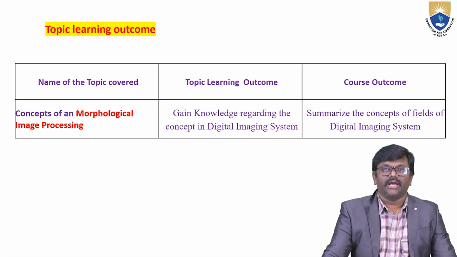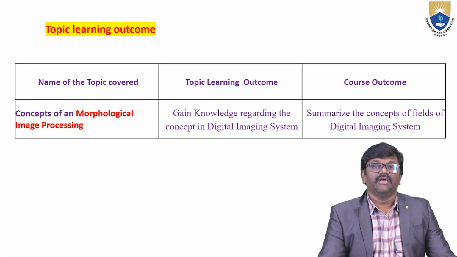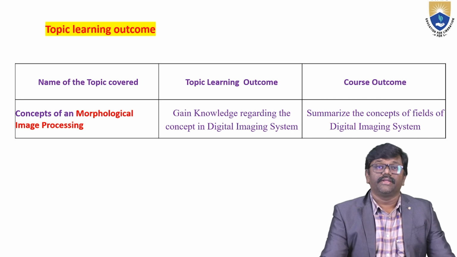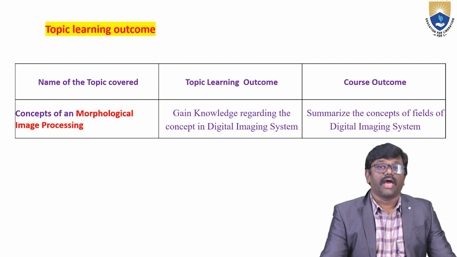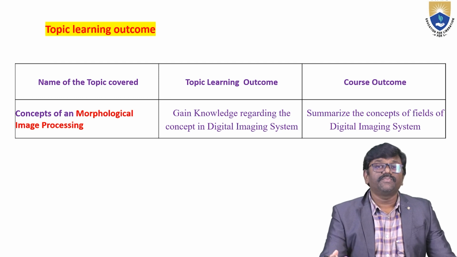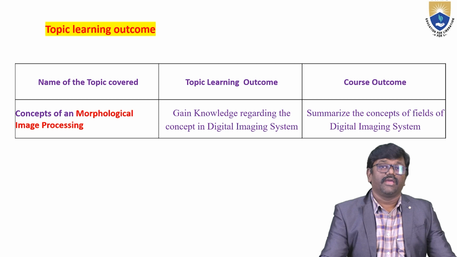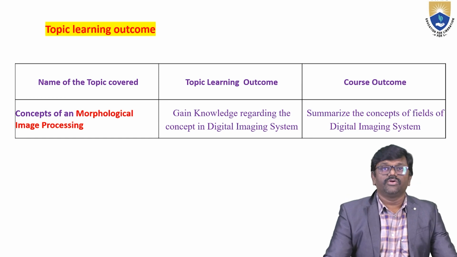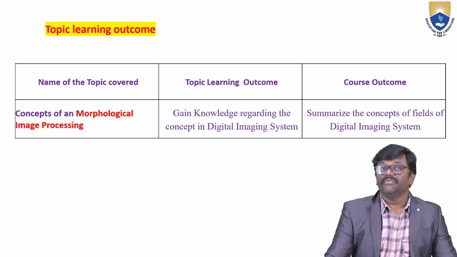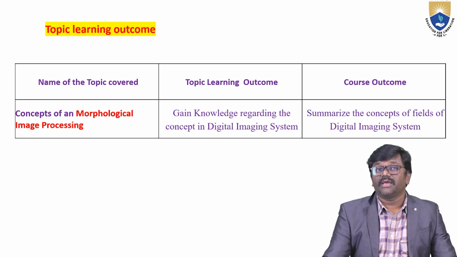Coming to such a definition, if we implement and understand it as a concept of image processing, how can we improve the topic in terms of gaining knowledge of the concept in a digital imaging system? Your digital imaging system is now being developed in view of morphological image processing.